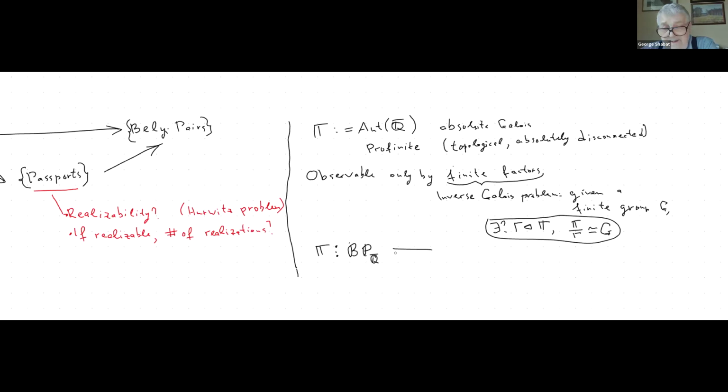And it is more or less obvious that under the action of the Galois group, the pair remains a Belyi pair.